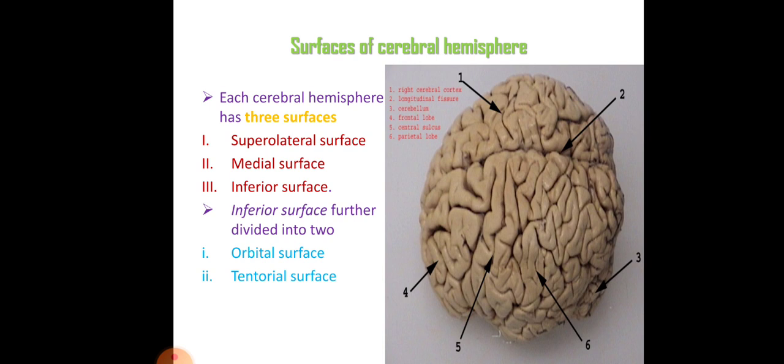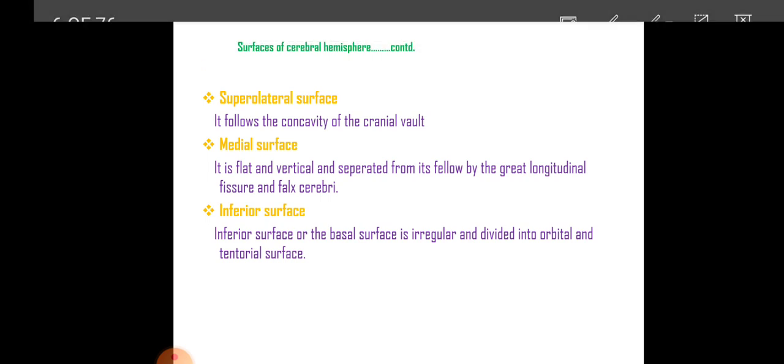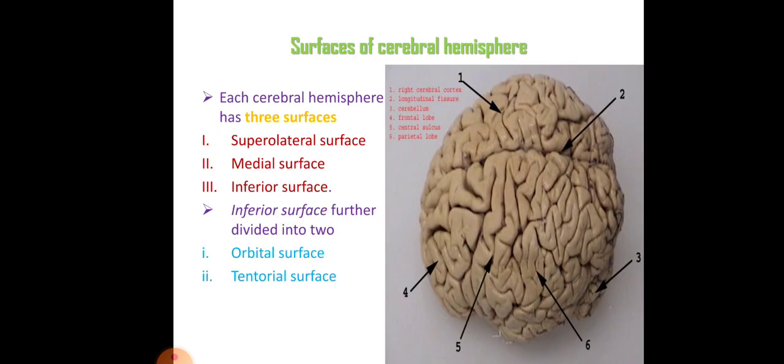The surfaces of the brain, that is the cerebral hemisphere, are the superolateral surface, medial surface and the inferior surface. The inferior surface has two further surfaces, that is orbital and tentorial.